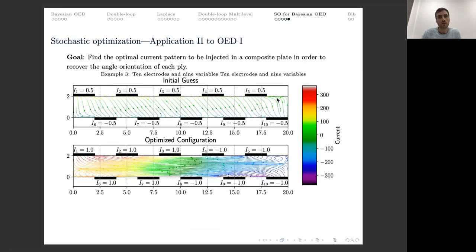And here I have another example. Here is again the electrical impedance tomography, and we want to find the optimal pattern of current flux to maximize the information we get from this experiment, in order to recover again the angle of the fibers.